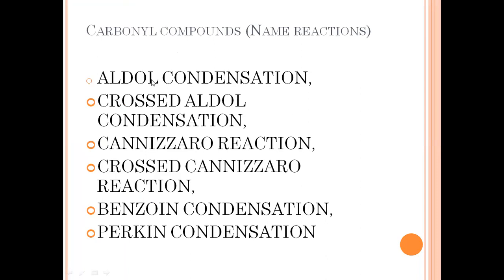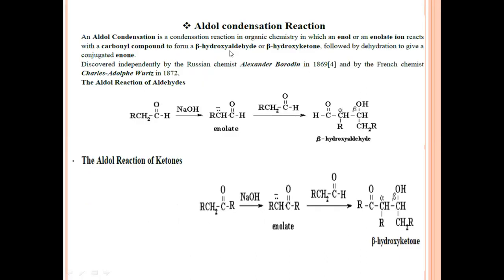Those name reactions are aldol condensation followed by crossed aldol condensation, Cannizzaro reaction, crossed Cannizzaro reaction, benzoin condensation, and Perkin condensation. So these many name reactions we are going to discuss with respect to aldehydes and ketones. Now, without wasting time, we directly proceed to the discussion on the aldol condensation reaction.